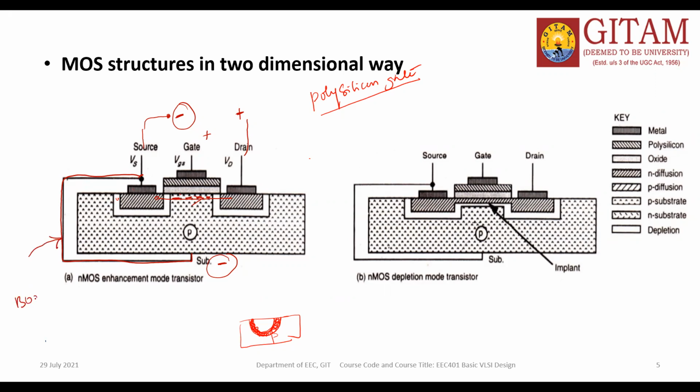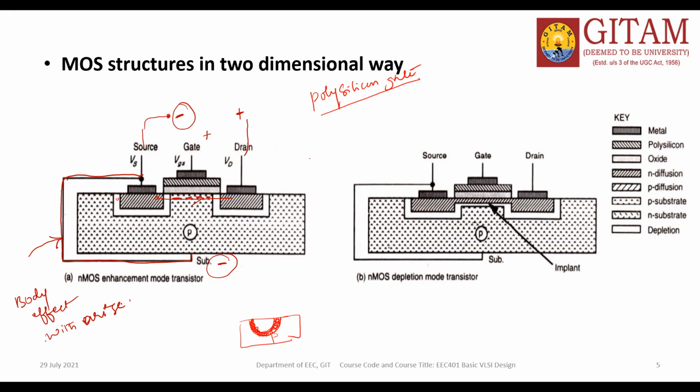Otherwise, body effect will arise. What do you mean by the body effect of the transistor? Whenever you construct a transistor, its threshold voltage is fixed. That means the voltage at which the inversion charge is induced is fixed.